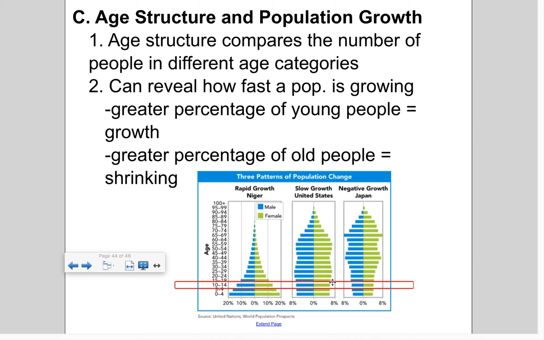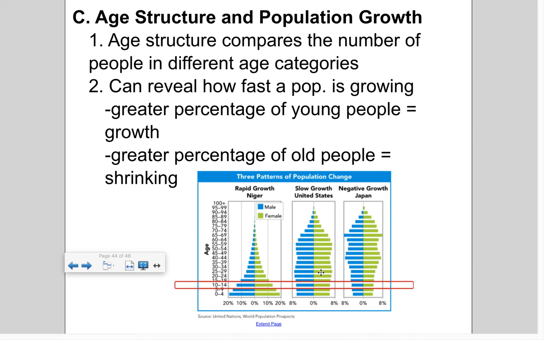Now the United States, you can see we have a lot of individuals here because those people were born during the baby boom, but our pyramid, if you will, is not as big, or our base is not as big as Niger. And so we're seeing a slow growth rate. We're still growing in the United States, but our growth rate has decreased.